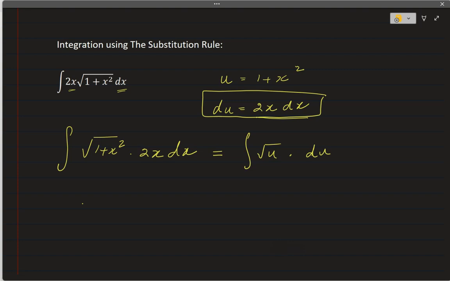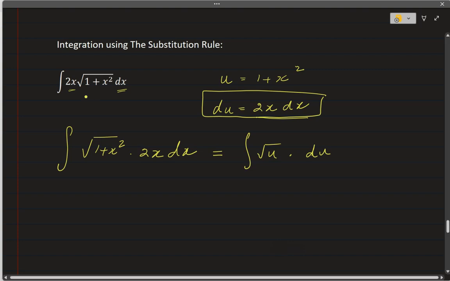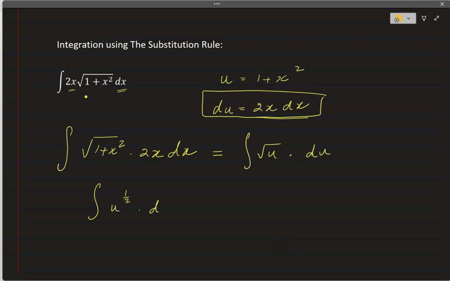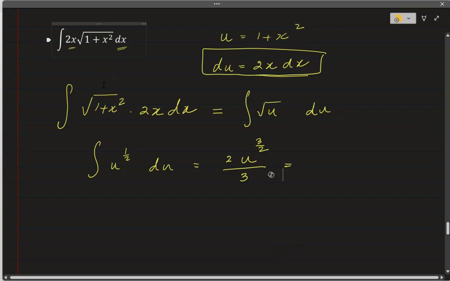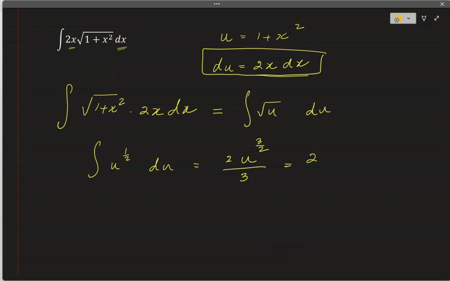Now we're going to change that to the exponential form. So the integration of u to the half du. And what is that? Well, that is 2/3 u to the 3/2. And then once we have this, we substitute back what u was, and that is 2 times (1 plus x squared) to the 3/2, all over 3.